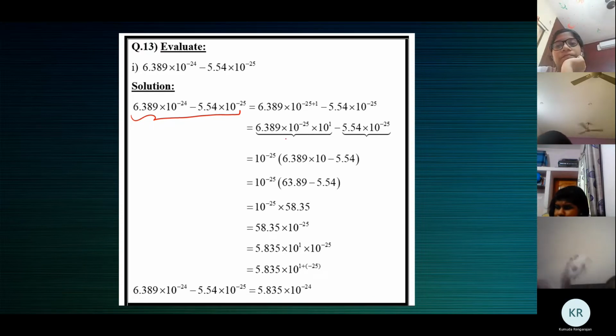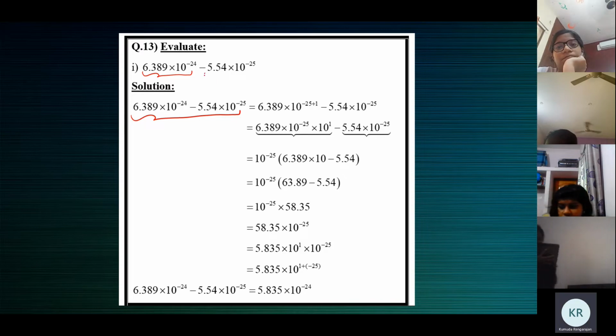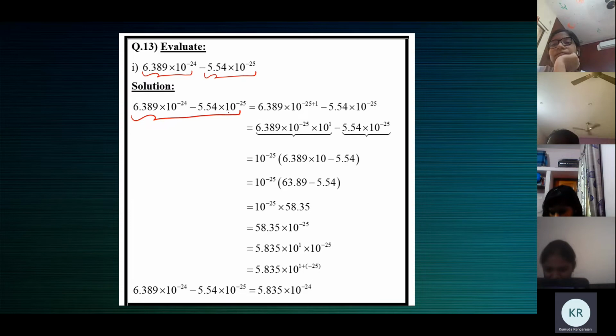Now, the idea is, you can see this one is in the scientific form or the standard notation. This one also is in the scientific notation. It need not be like that; we're just trying to interpret the question.